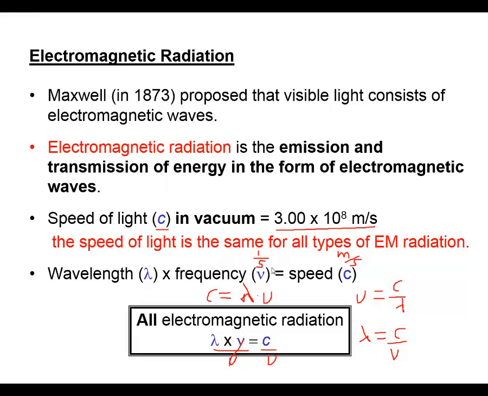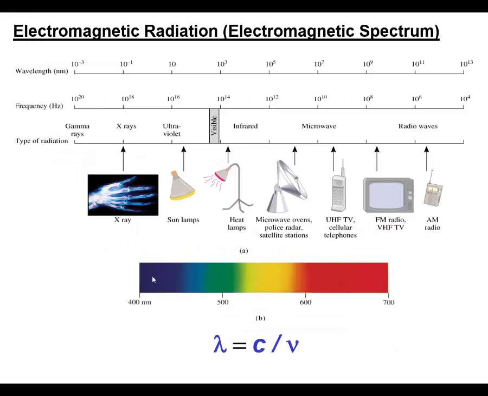So you can see the seconds would cancel here, but I want to note that from the speed of light constant we're using, we have units of meters per second. So my wavelength, when I'm doing these calculations, must be in meters. If I were given a wavelength in, let's say, nanometers, or any other prefix of the metric system, I might have to convert to meters first before I use this equation. So just be aware of that. Those are the units we're working with here.